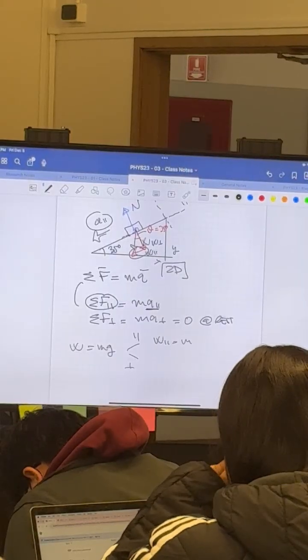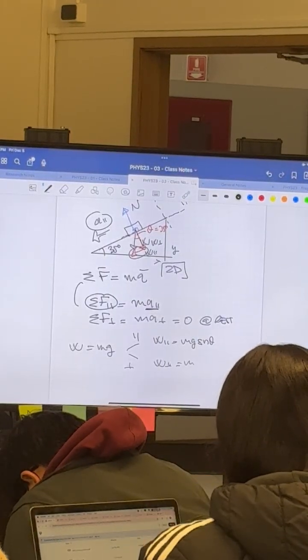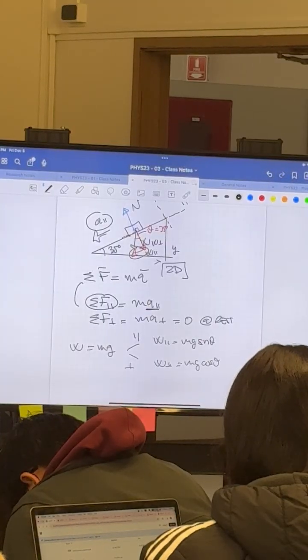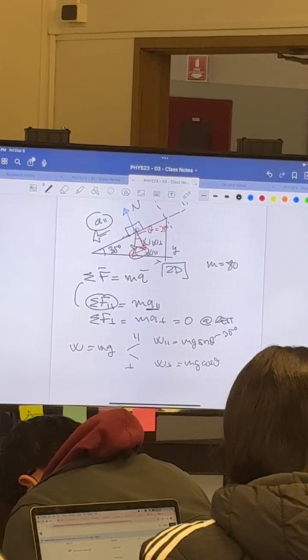So it's mg sine theta, and the other one is mg cos theta. In this case, theta is 35 degrees, and the mass is 80 kilograms. You can do it. I'm not going to do it numerically, just to show you how to do this.